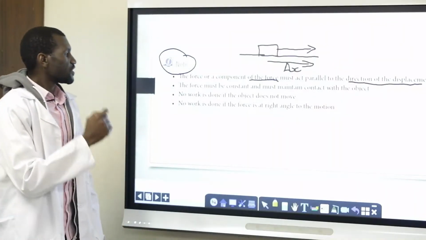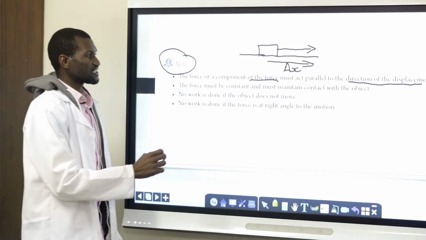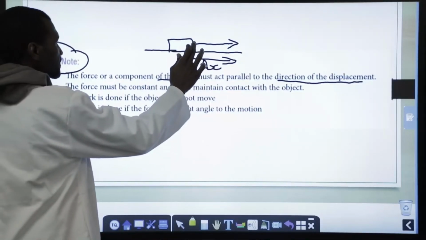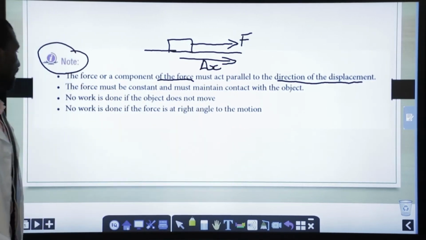The force must be constant and must maintain contact with the object, like the force right here.